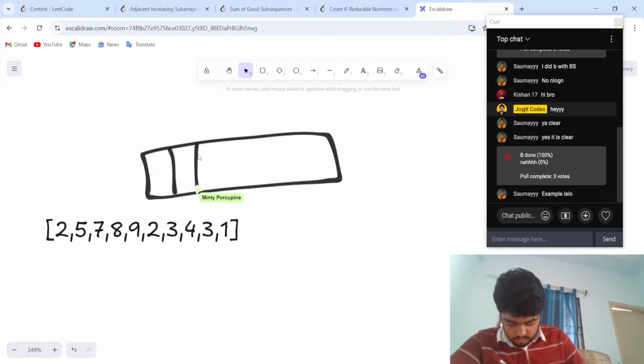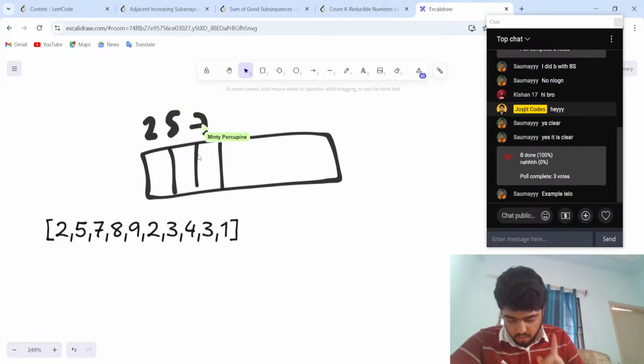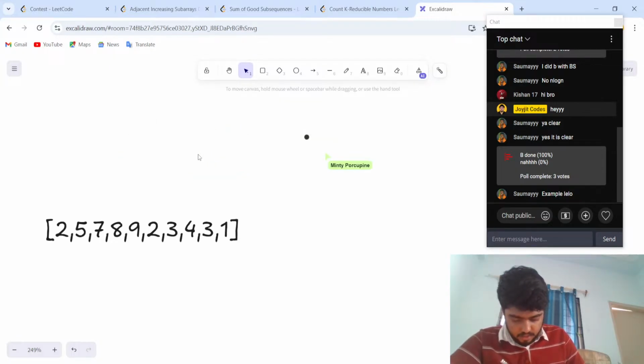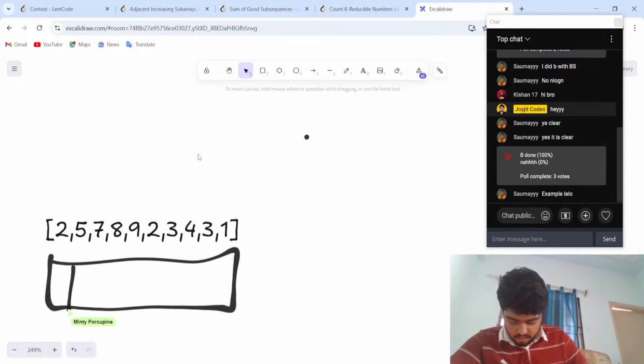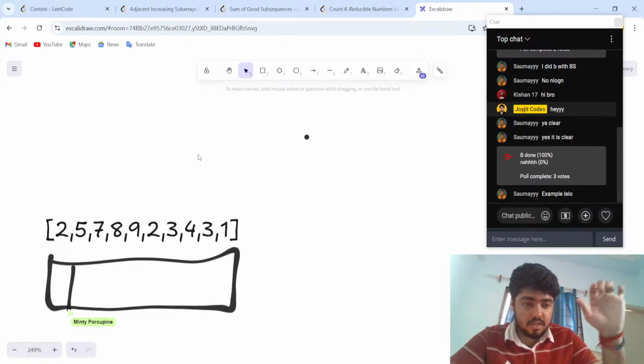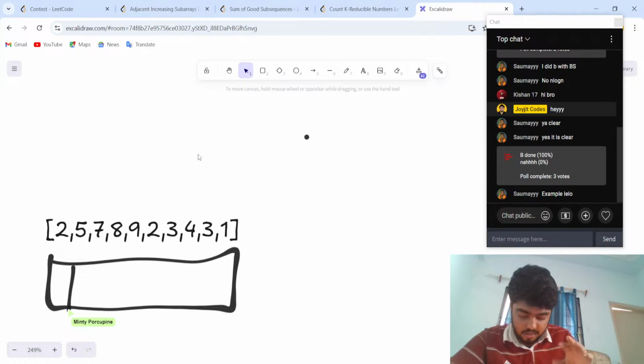I'll take an array just below this. Now just think about what the maximum increasing array looks like.